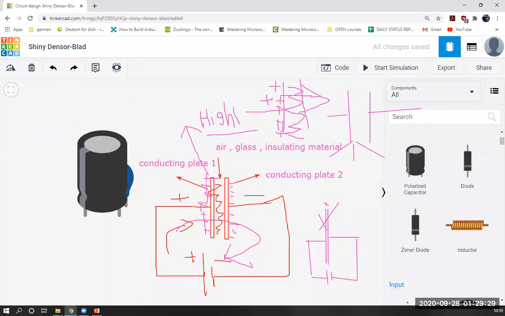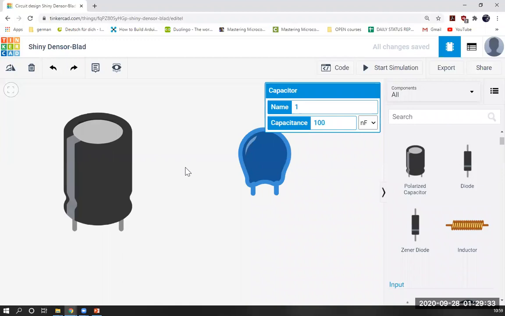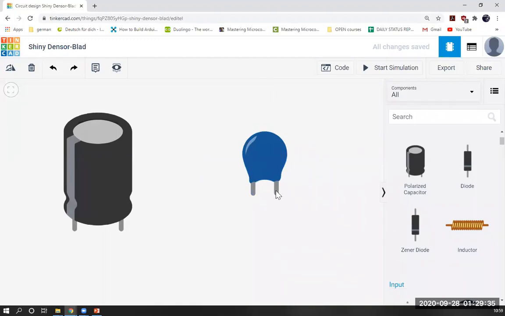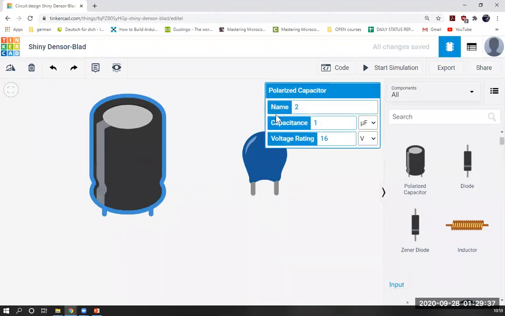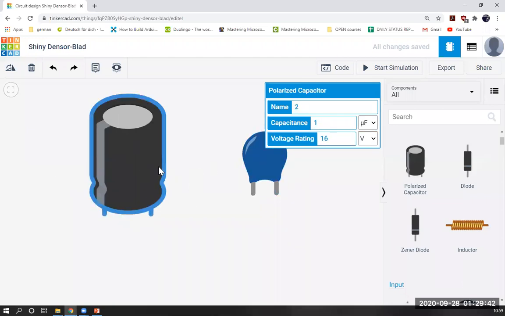All right, so let's have a look. These are the two types of capacitor components you can find on Tinkercad. One is a polarized capacitor and one is a capacitor. What is the meaning of polarized? We have to connect it with negative and positive properly.